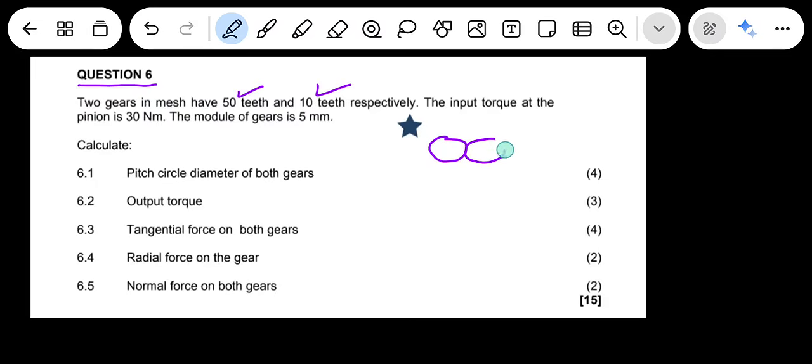The input torque at the pinion is 30 Newton meter, and the module of the gears is 5. Question 6.1 says calculate the pitch circle diameter of both gears.